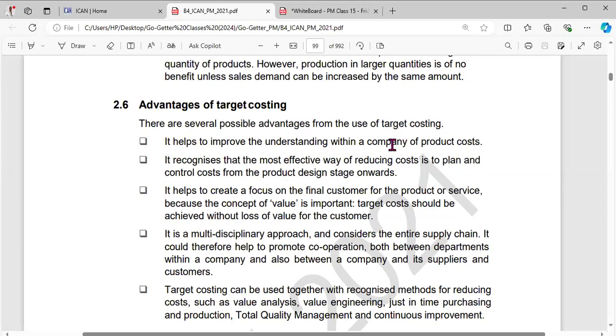It helps to create focus on the final consumer of the product because you want to add value to the customer. And so anything that will not add value to the customer will not be done, so that you will not be charging too much for the customer or reducing your profit.